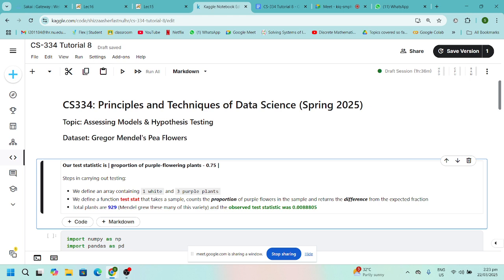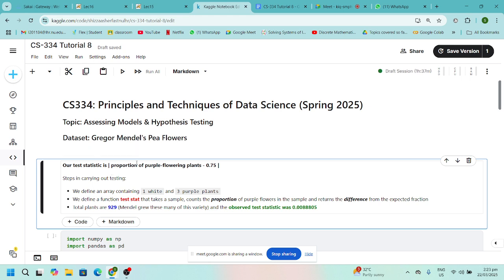The test statistic has to be chosen in such a way that it favors the null hypothesis when the value is small, and it does not favor the null hypothesis, or it favors the alternative hypothesis, when the value is large. Generally, that is the rule of thumb.